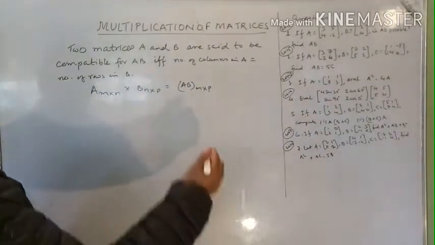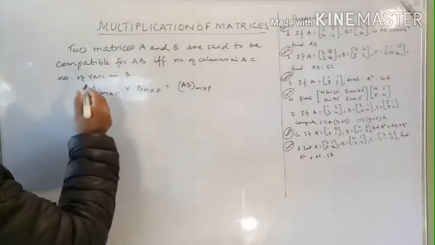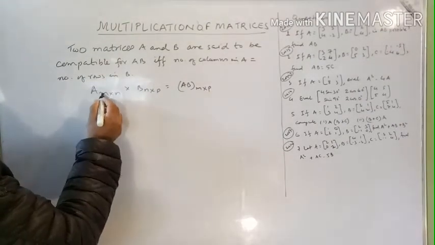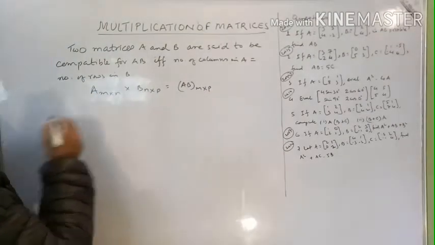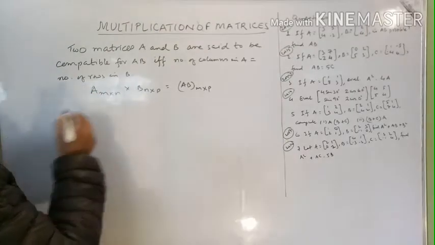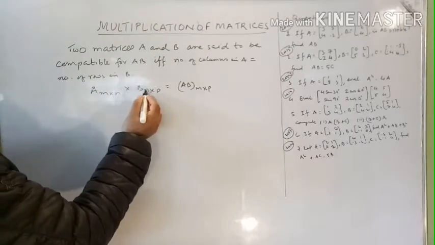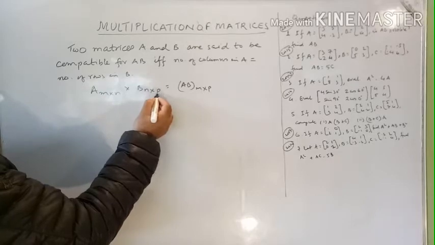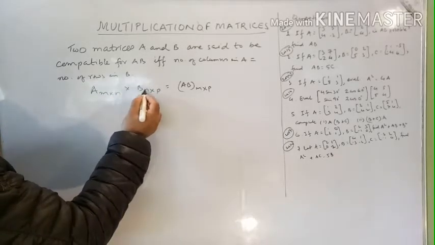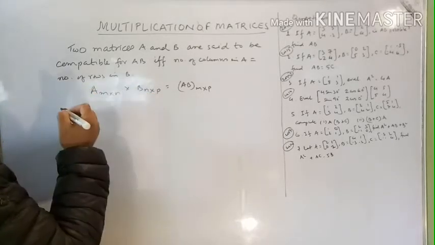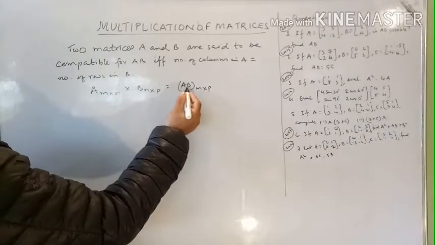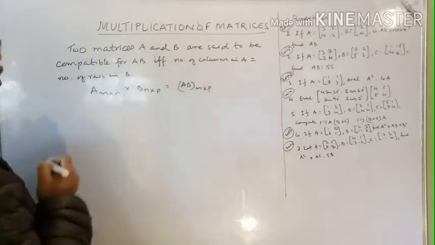Now what will be the order of the product matrix? Suppose matrix A has m by n order, meaning it has m rows and n columns, and matrix B has n by p order, meaning n rows and p columns. Then the product AB will have m rows and p columns.